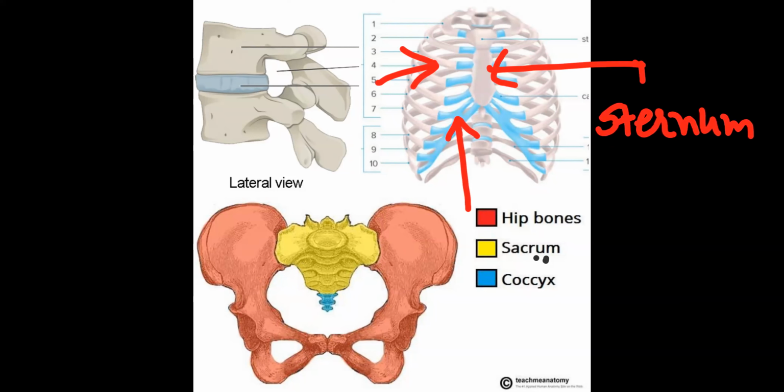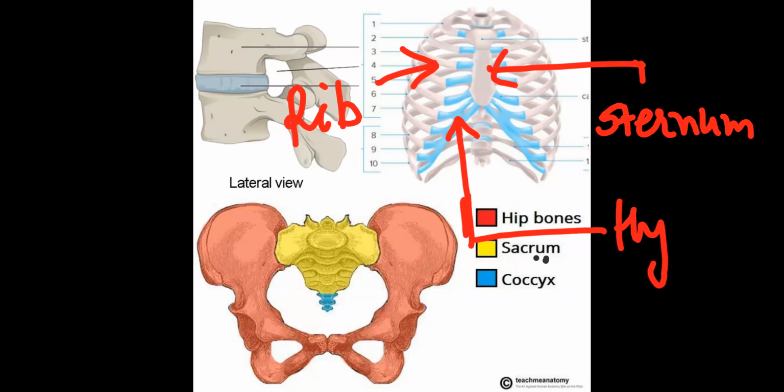Ribs. And can you make out the tissue which is present between this rib and the sternum over there? Which tissue? It's called hyaline. Hyaline cartilage.